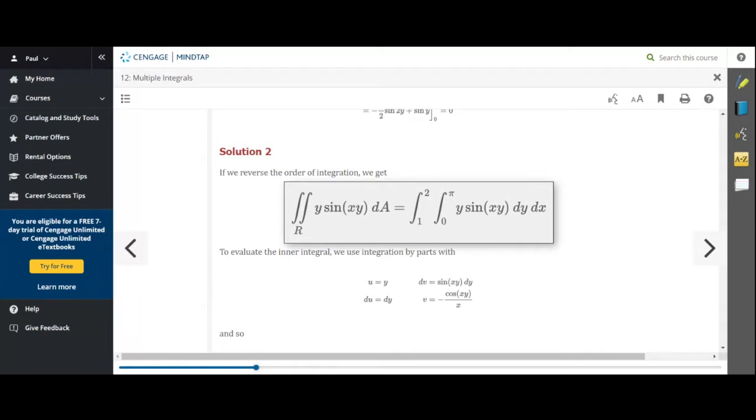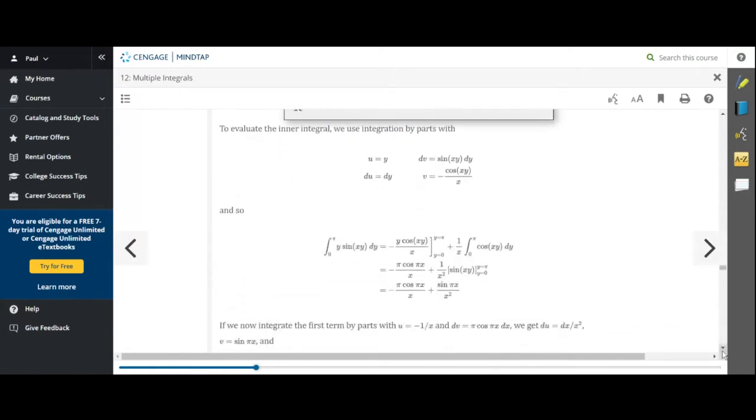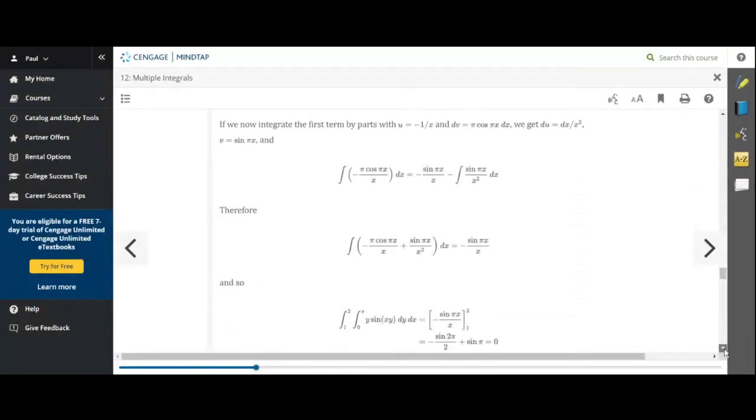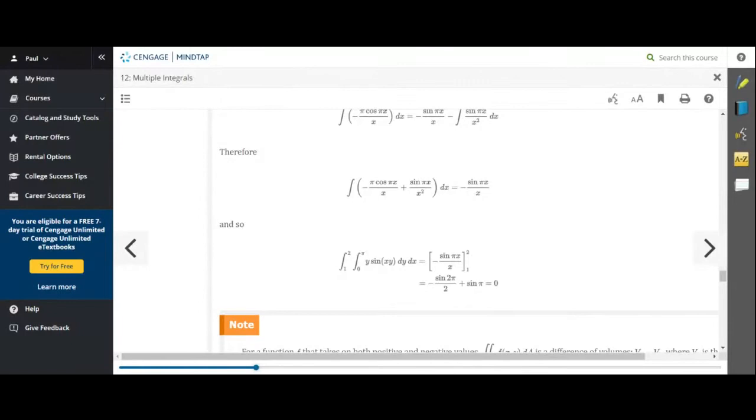You can do that, and if you go through all the steps, you'll end up with 0. It's just a lot harder to get to the 0. So considering the order of integration is always helpful when you do your integration.